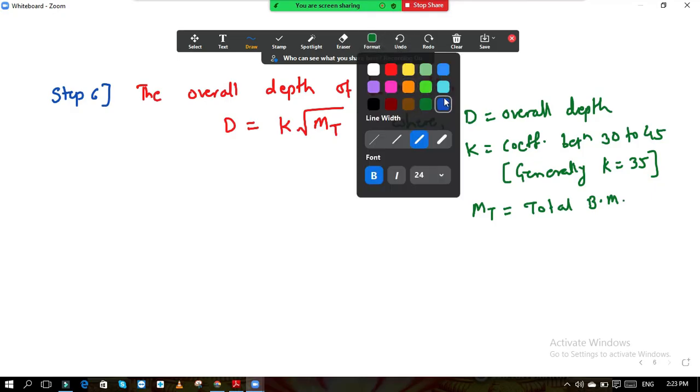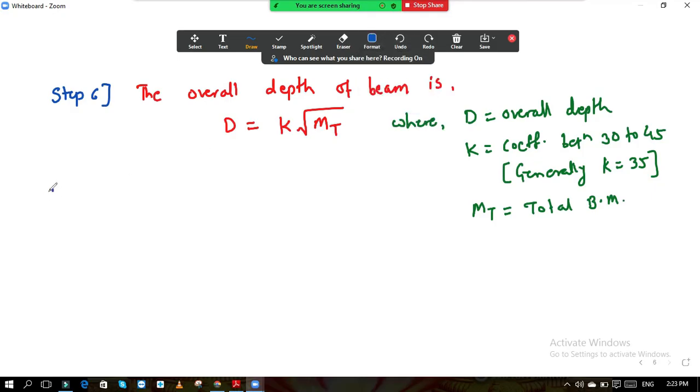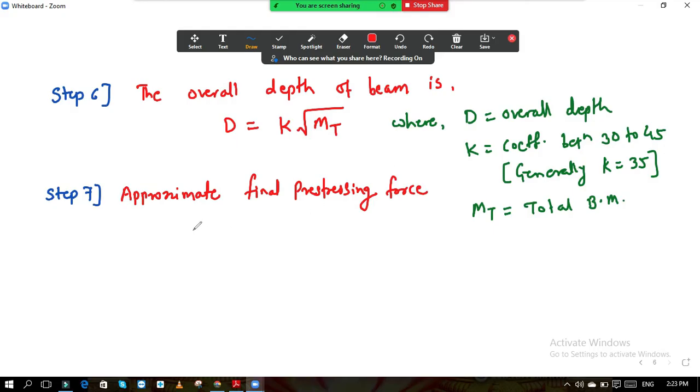Now next is the step number 7. Approximate final prestressing force.